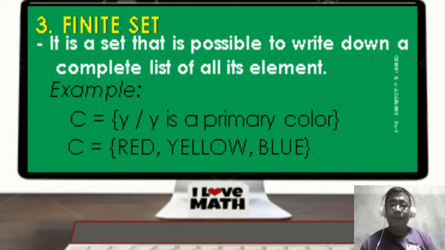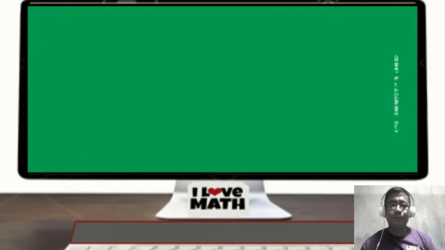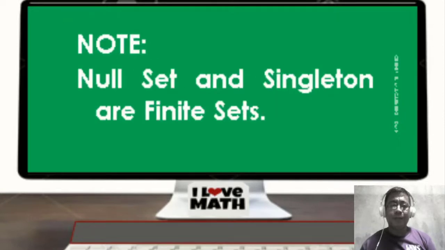Take note, there are 3 elements for a primary color, and we have red, yellow, and blue. So this is just an example of a finite set. Take note, null set and singleton are finite sets since we are able to count their elements, which is 0 and 1. So take note of that.